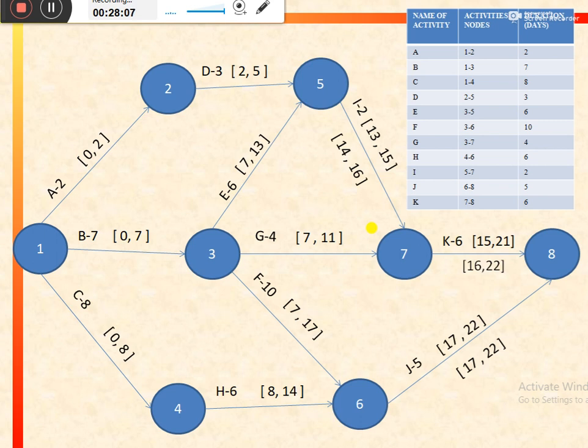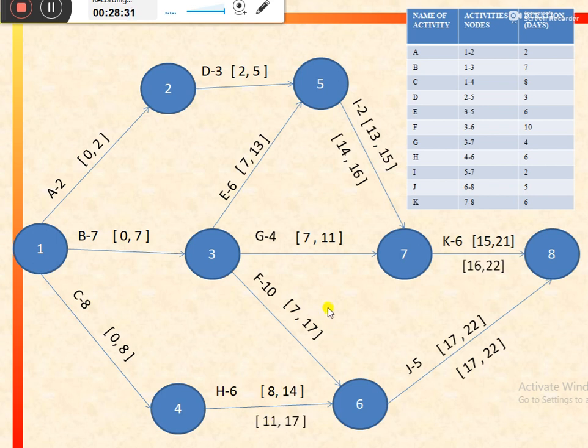Now we would come to activity H. So for activity H, the successor activity is J, and the latest start for activity J is 17. So it would be the latest finish for activity H, that is equal to 17, and latest start would be equal to 17 minus 6, that is duration of the activity, that would be equal to 11.